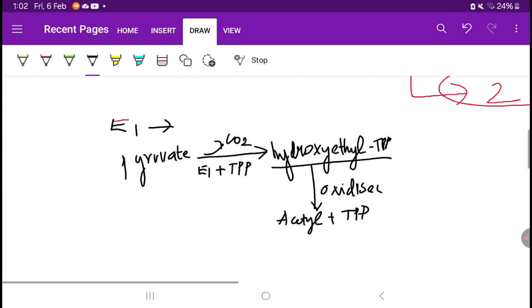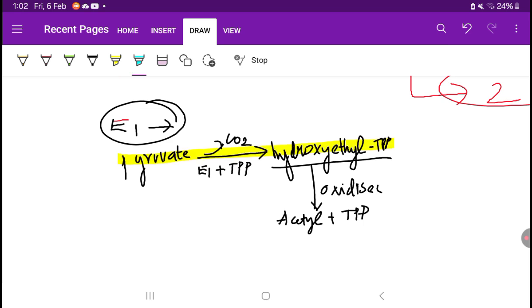So these are the first two steps in E1. You can remember it like that: for every enzyme there will be two steps. So the final product from enzyme one is acetyl.